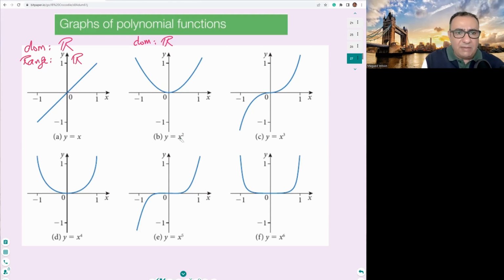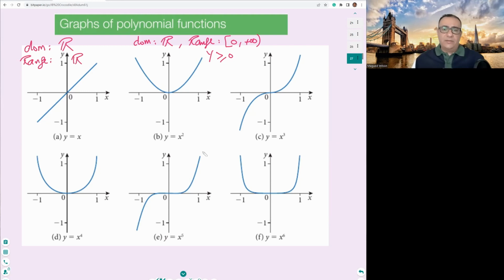So the range of this parabola starts from the minimum point, which is 0. It is from 0, closed interval, up to positive infinity, open. So this is the range of this parabola. Sometimes you may express it as y is bigger than or equal to 0. It's fine.